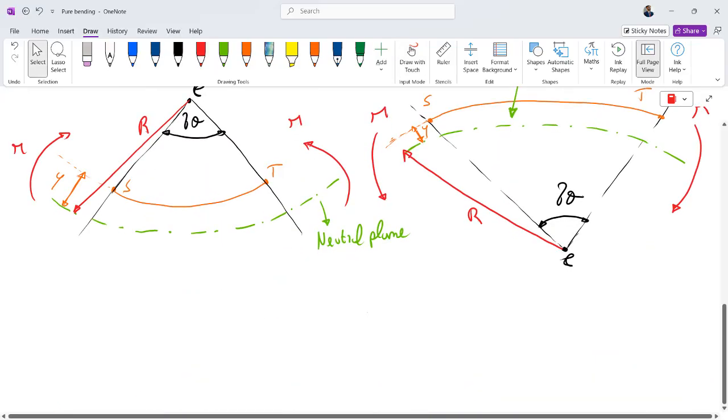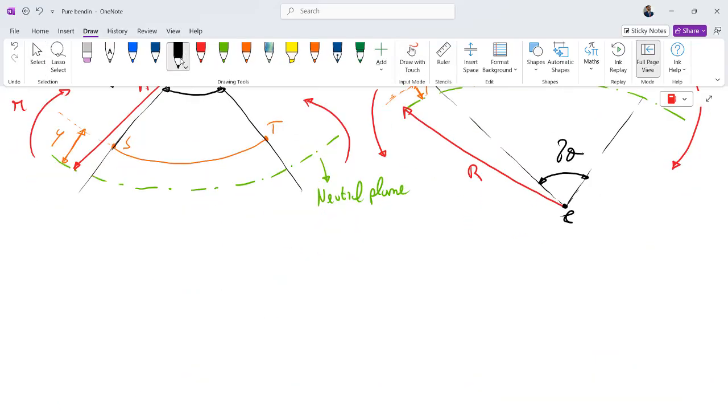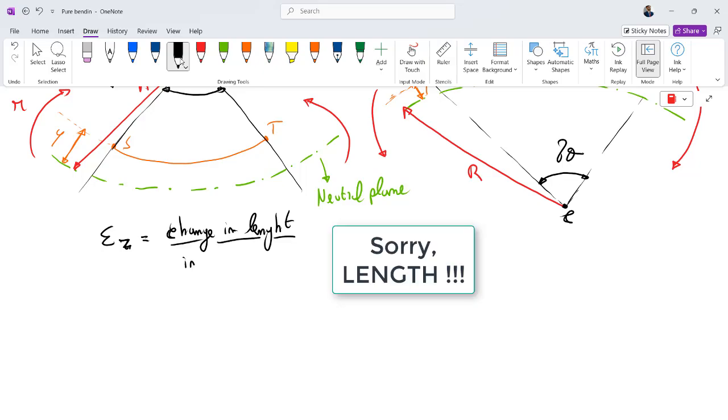The strain is the ratio between the change in length divided by the initial length. So epsilon z is equal to change in length divided by initial length.